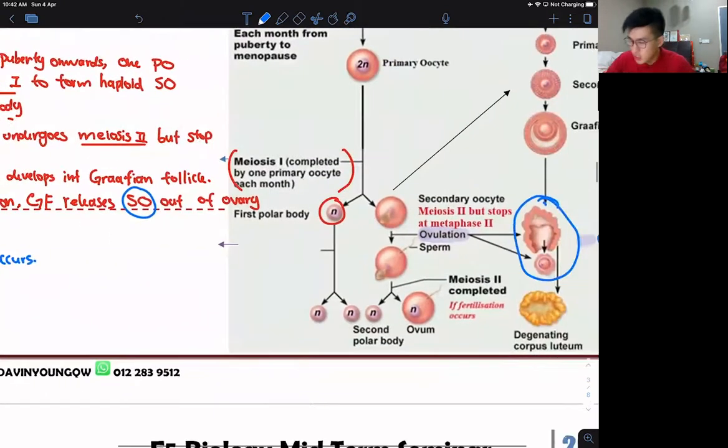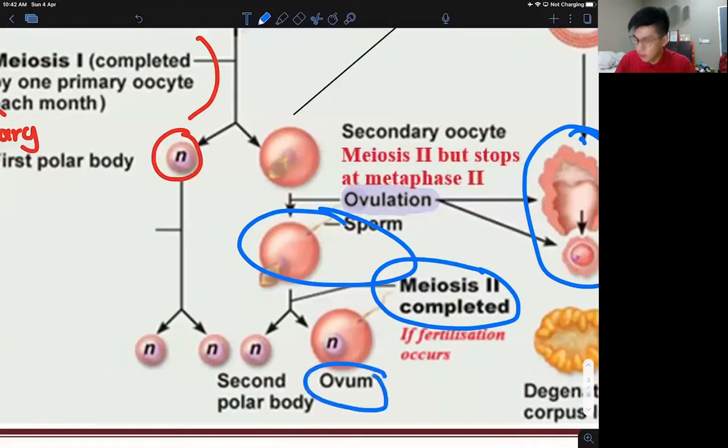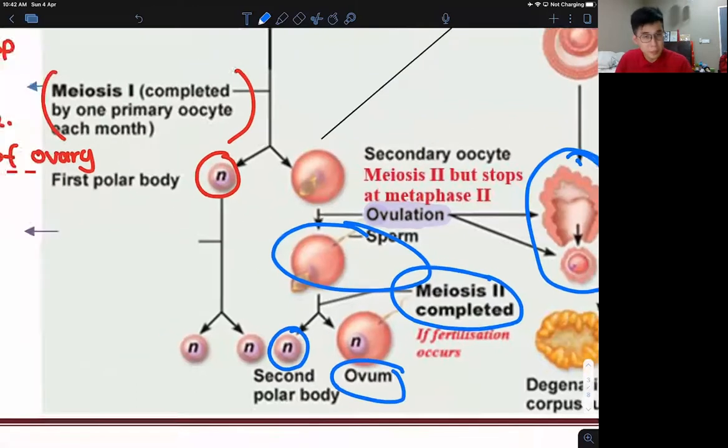As you can see here, if a sperm comes and fertilizes the secondary oocyte, meiosis 2 will be completed, and therefore I become the ovum, meaning I finish splitting, become ovum, and I produce another useless cell, the polar body.